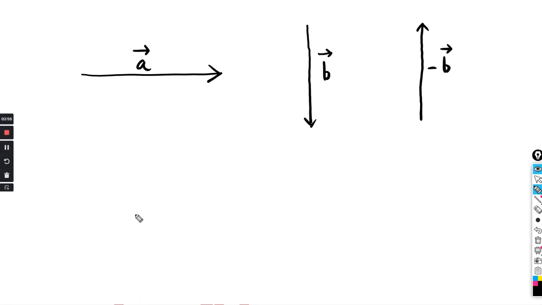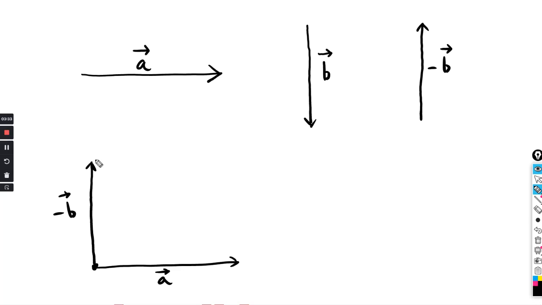Now the same holds true for the parallelogram method. Remember, in the parallelogram method, you want to connect the tails of the two vectors that you're adding. So I'm going to redraw vector A, and connect it to the tail of the negative version of vector B. So notice the two tails are connected right here, and this is negative B. And you want to form a parallelogram on this.